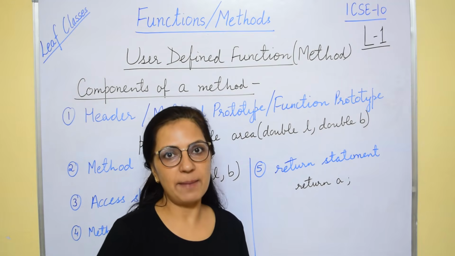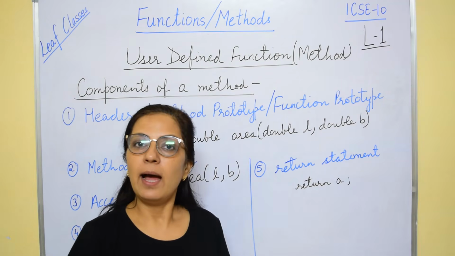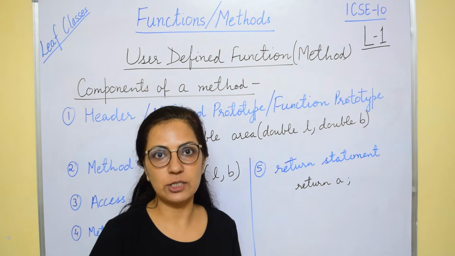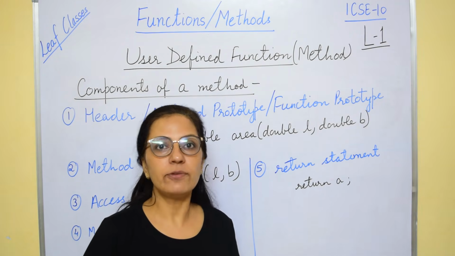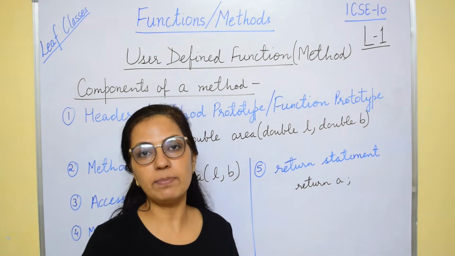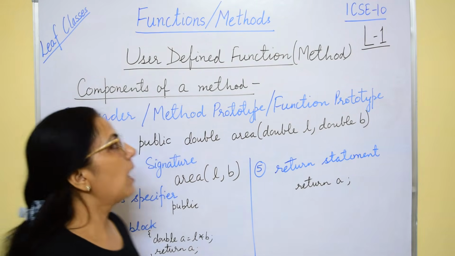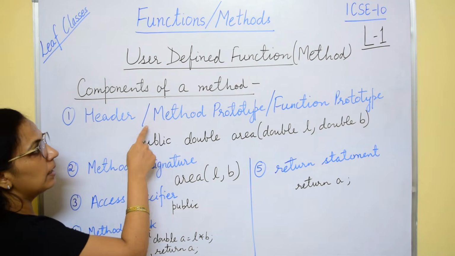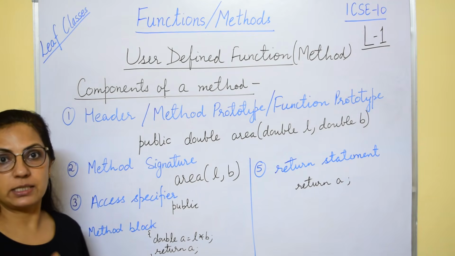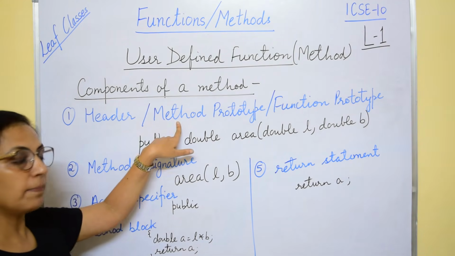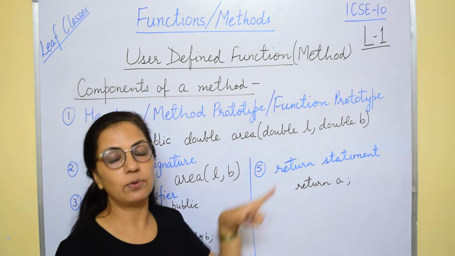Considering the same example which I gave you just now, I'll be explaining you the different components of the function. Whenever I say function, function means method only. So there are two words for the same thing, function or method. So components of a method are header, the first line which we write in the function definition, that is known as header or method prototype or function prototype.